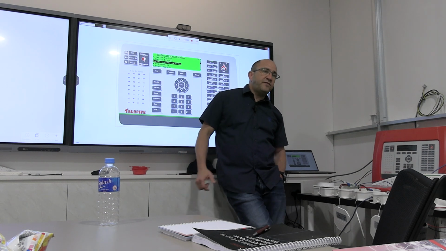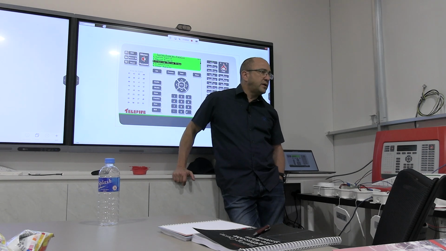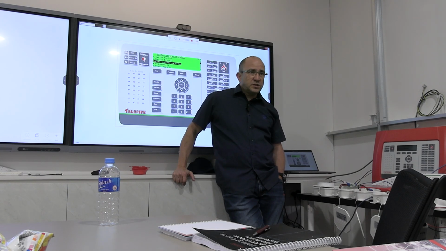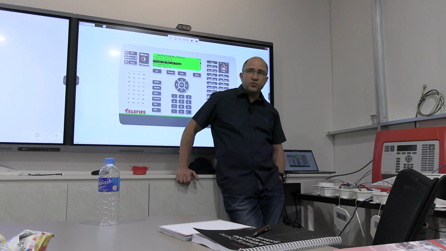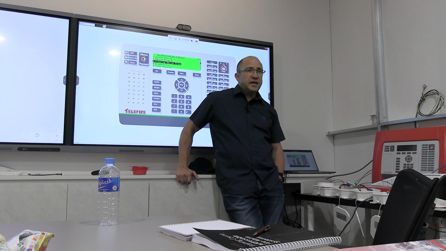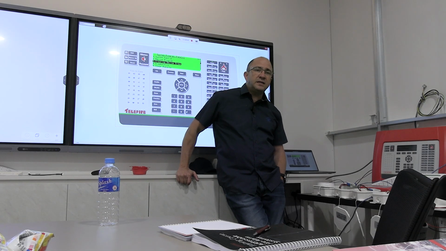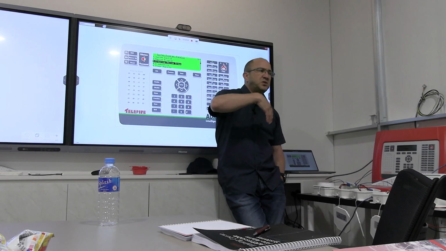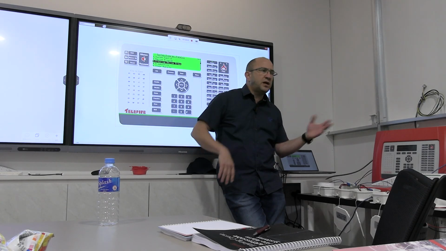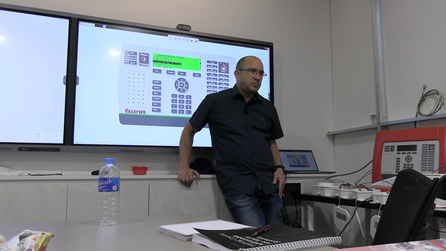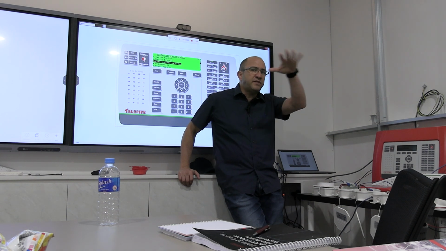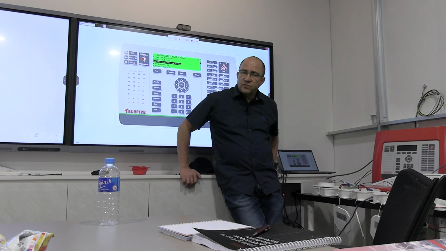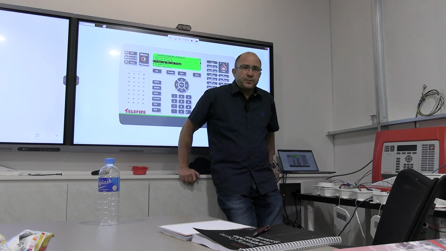In order to do that, I have to go inside the control panel and create a group. Not a zone, not a device, a group. This is the only place we're going to use this group. That group can contain devices from loop number 1, loop number 2, number 8, number 7, I don't care which loop. If it's inside the group and I press disable, it will disable all of those devices for the period of time that I program.